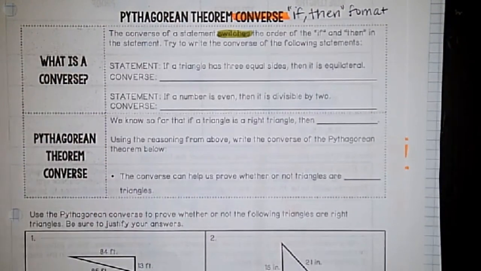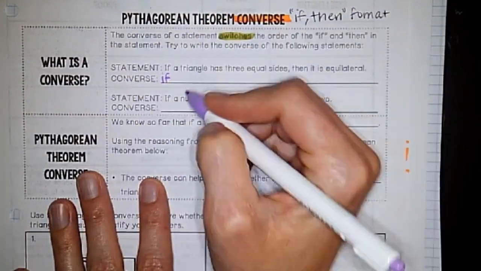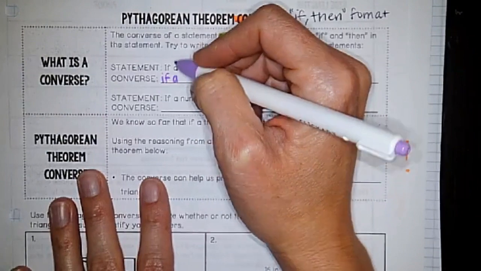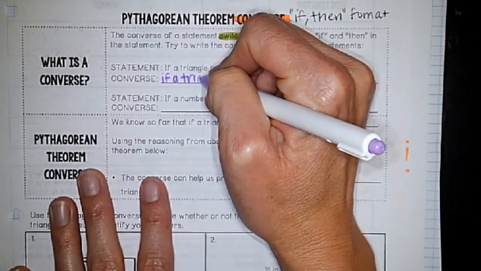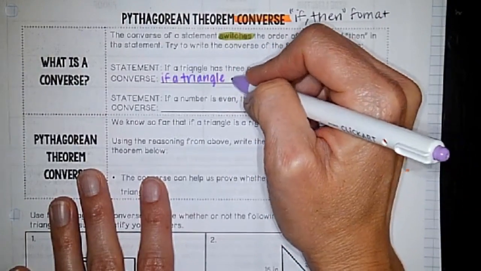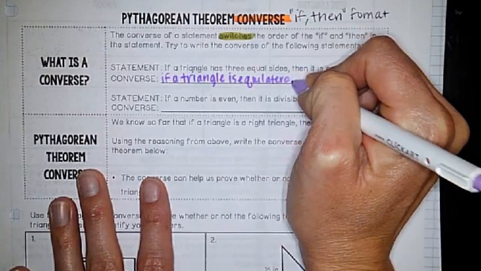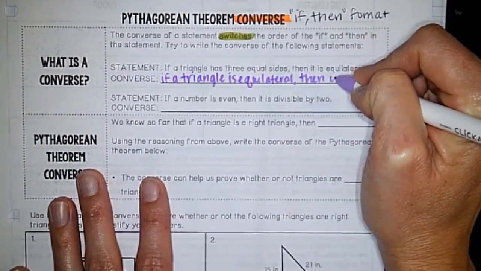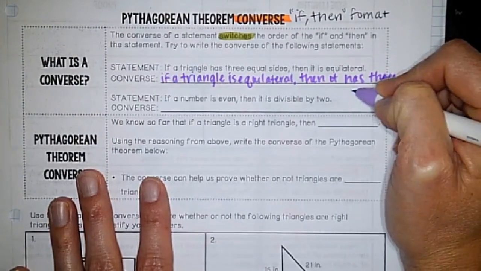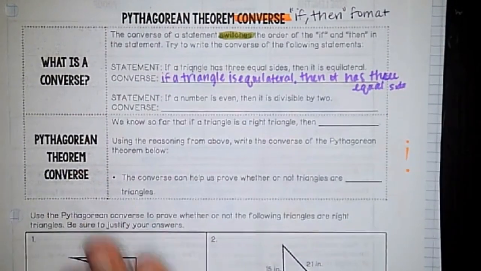Okay, so we should be writing: if a triangle is equilateral, then it has 3 equal sides. If a triangle is equilateral, then it has 3 equal sides.